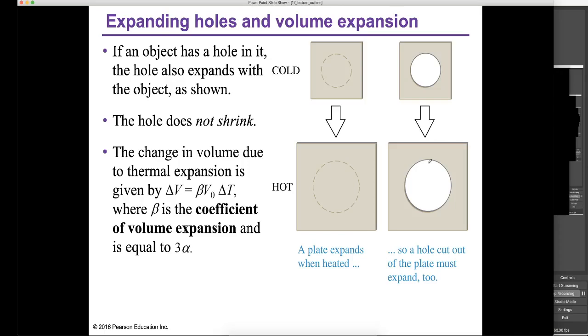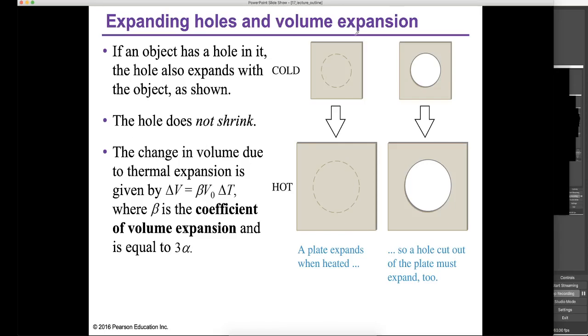So this is a quite interesting phenomenon. It doesn't shrink, instead it's getting bigger. So the whole size of the square is getting bigger, and the hole inside the square is also getting bigger.